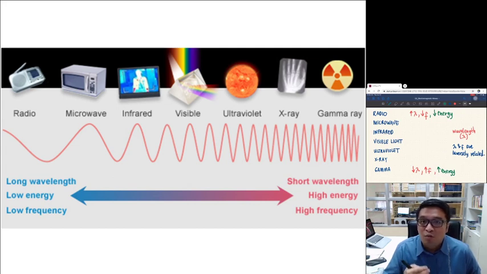Moreover, waves that have high frequency are also high energy waves, and waves with low frequency are also low energy waves. So looking at this spectrum, we see that gamma rays emit the most energy. That's why it's the most harmful, whereas radio waves emit the lowest energy, so they're the least harmful. So I hope that clears up our lesson about electromagnetic waves, and thank you for listening.